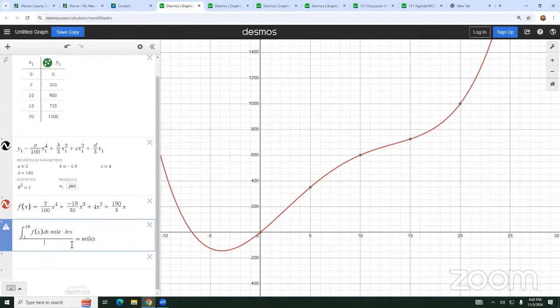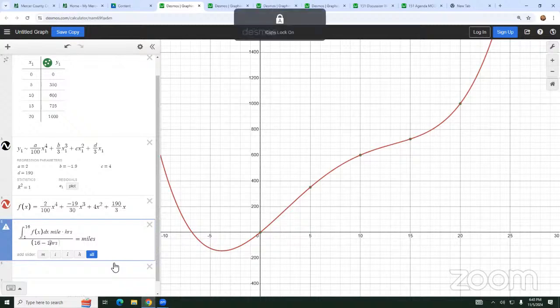So which hours are we going to do? It says it's between hour 1 and hour 16. So how many hours are we going to put here? 15 hours? Exactly, 16 minus 1, but yes, 15.